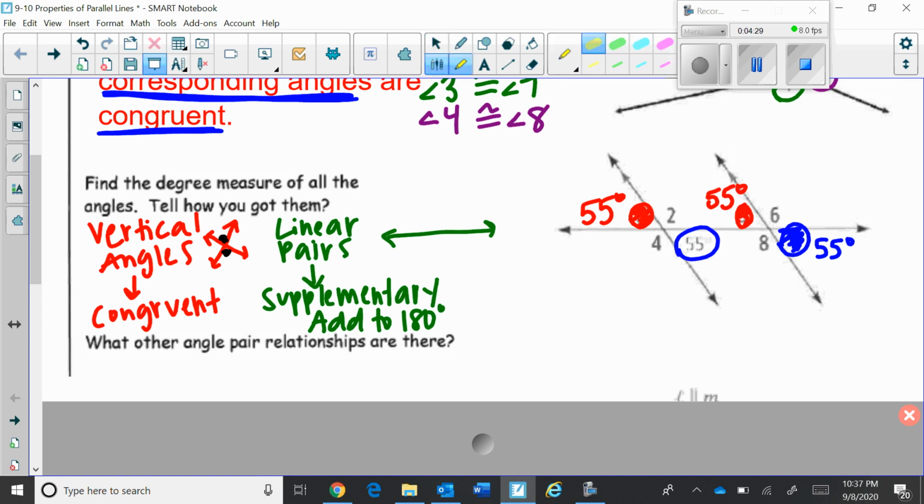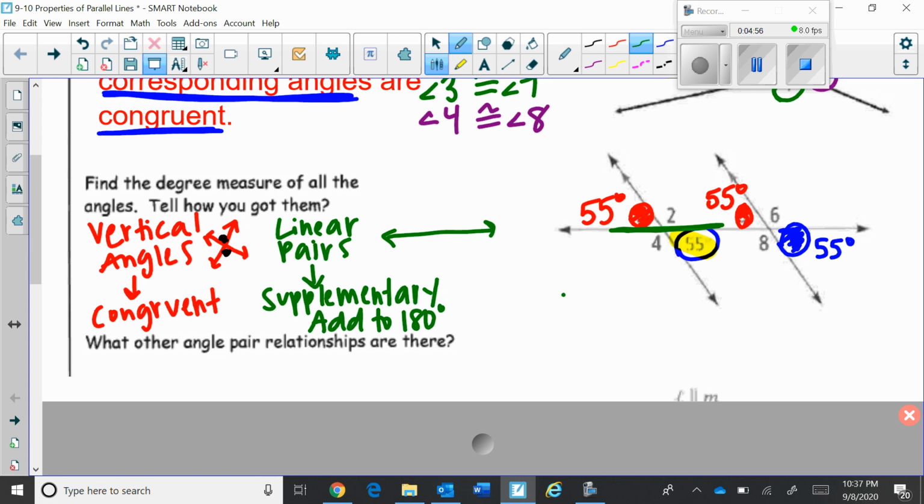Now let's go back to our starting 55 and use our knowledge of linear pairs. Linear pairs create a straight line. We could really use 2 or 4; I'm just going to use 4. As you can see, that 55 and my angle 4 are creating a straight line. That means they are supplementary, which means they add to 180 degrees.